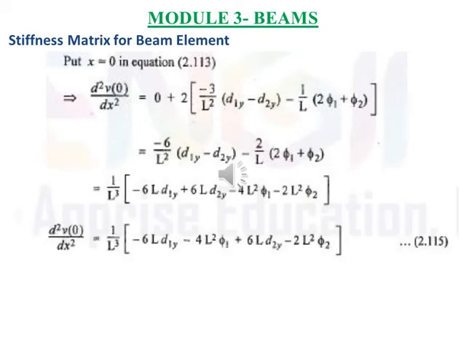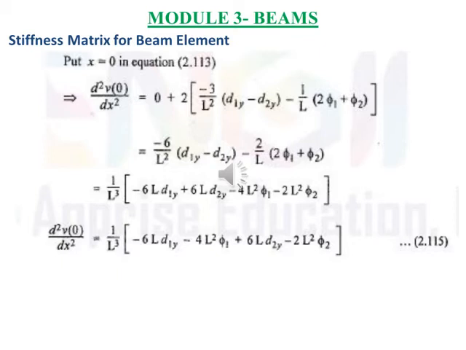Let me put x is equal to 0 in the equation 2.113, that is the last equation of the previous slide. So when I put the value of x is equal to 0, del square mu of x by dx square will be equal to 0 plus 2 into minus 3 by L square into (d1y minus d2y) minus 1 by L into (2 phi 1 plus phi 2).